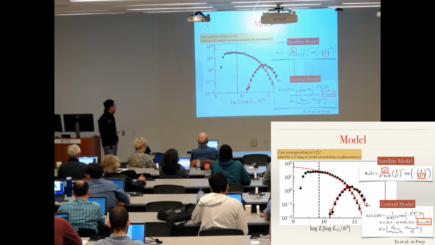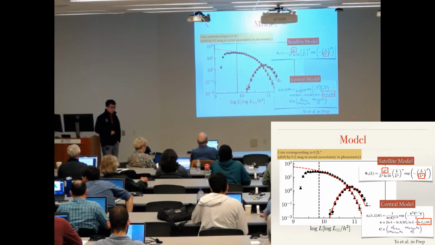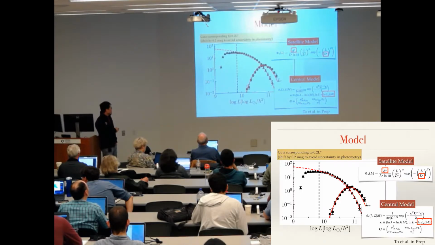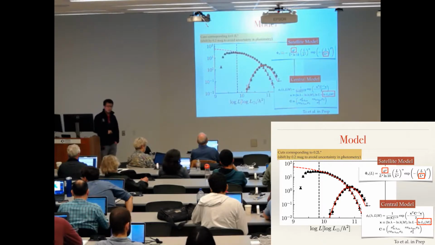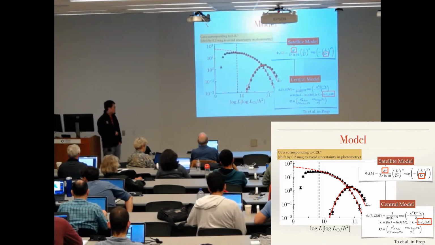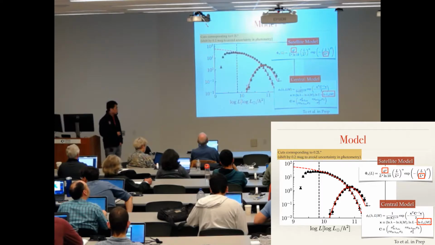I promised I'd go into some detail about the luminosity function. This is a zoom-in of a panel. The y-axis is the galaxy number density as a function of galaxy luminosity. The first thing you will notice is this triangle line here. This is the satellite luminosity function. We modeled it as a Schechter function with free bright slope and faint slope.